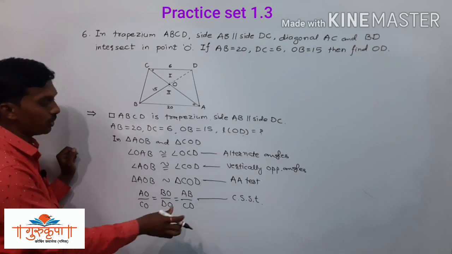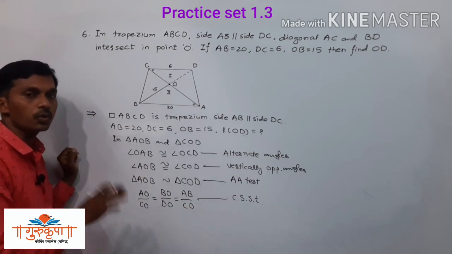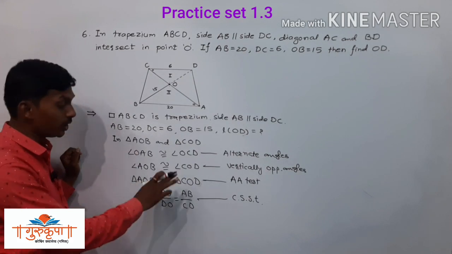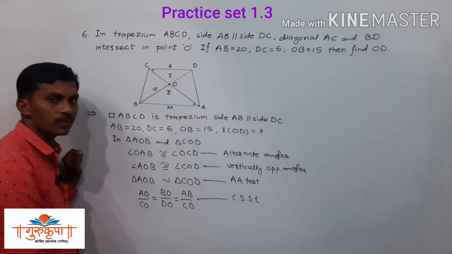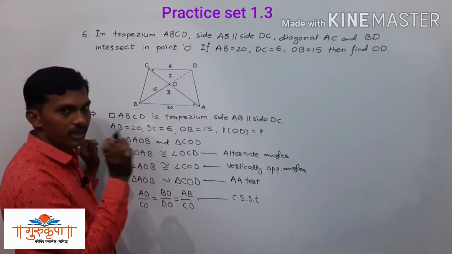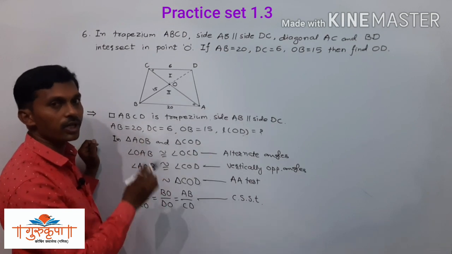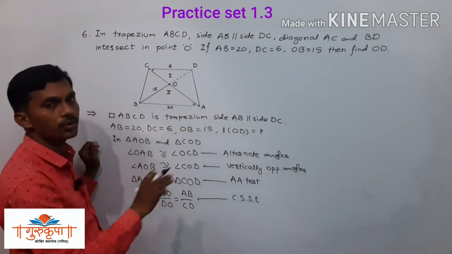And now here we have to use only two ratios. We write all three ratios there, but we have to use only two, or simply you can write only two ratios there, no need to write all three. But some students may get confused about exactly which two ratios we have to use.